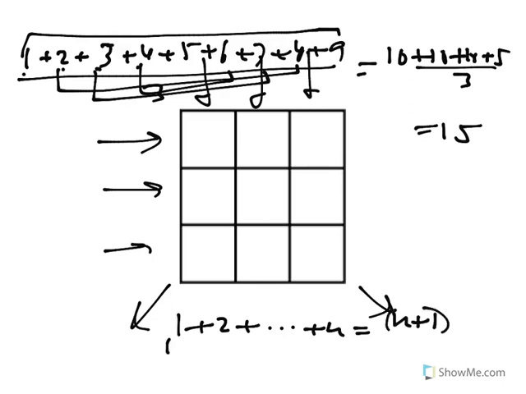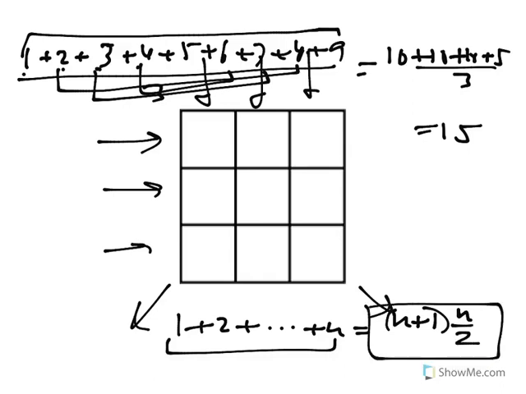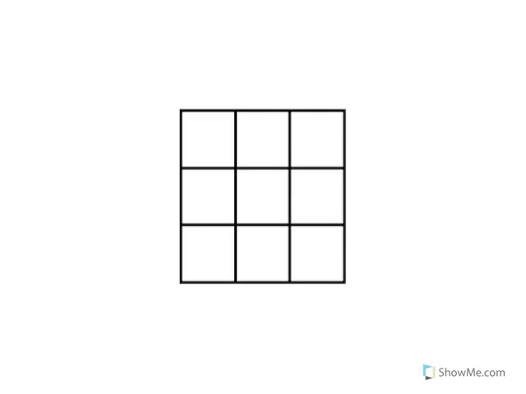And how many pairs are there? Well, there's n over 2 pairs. Now, let's apply this to, okay, so the magic number is 15. So how do we get 15?